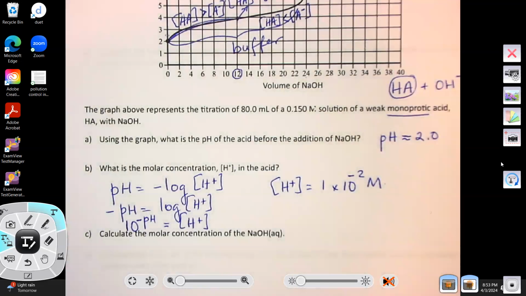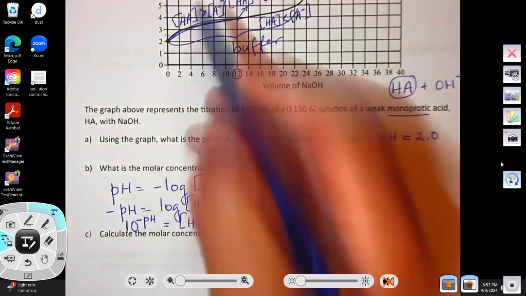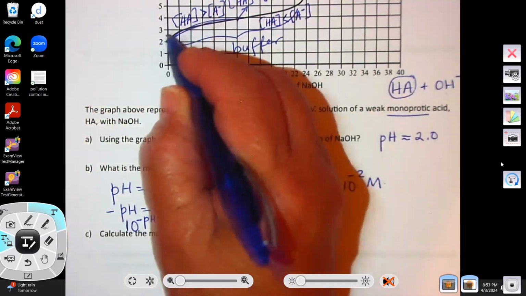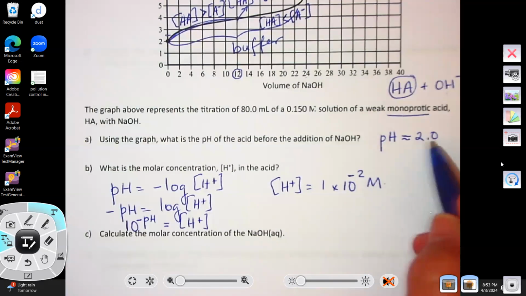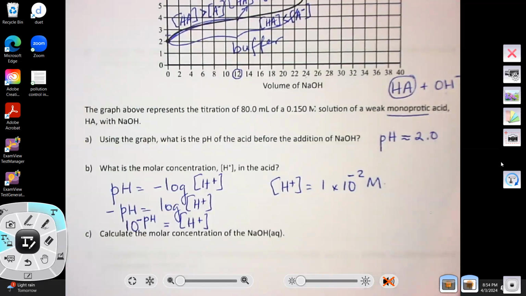So just for the sake of argument, let's pretend that your graph actually starts here. In that case, your pH will be 2.5, and then this will be 1 times 10 to the -2.5. Now, how do we solve that?